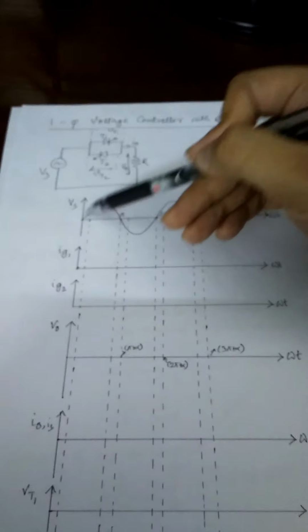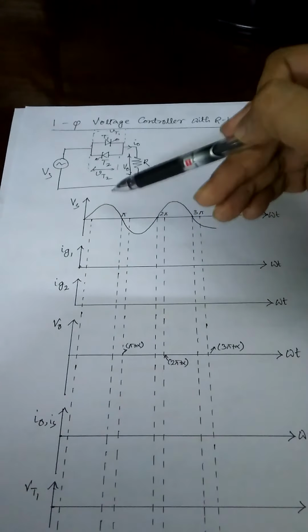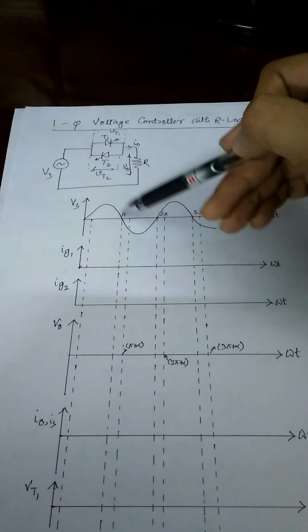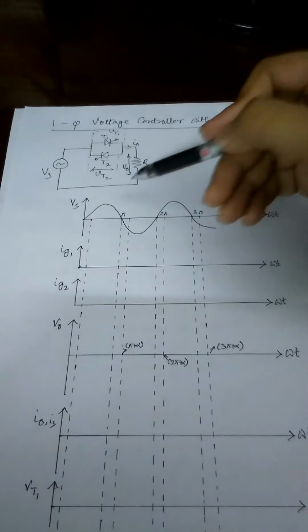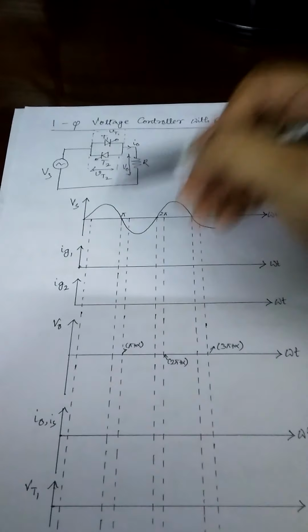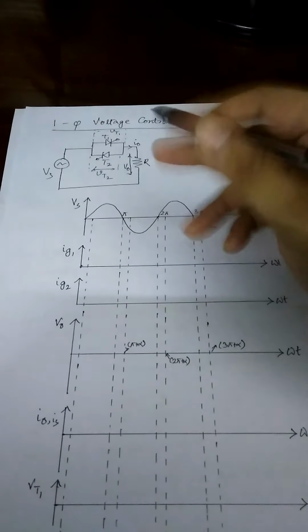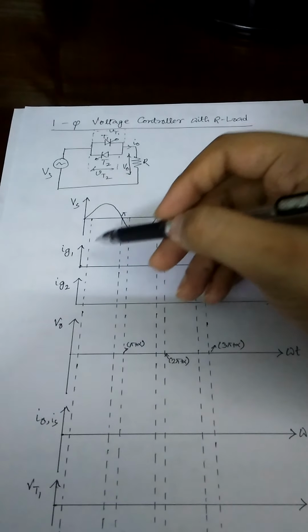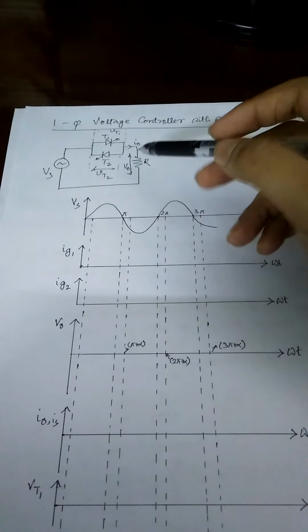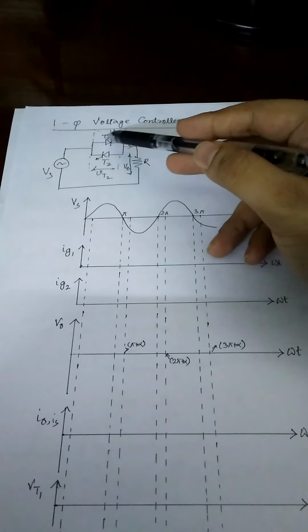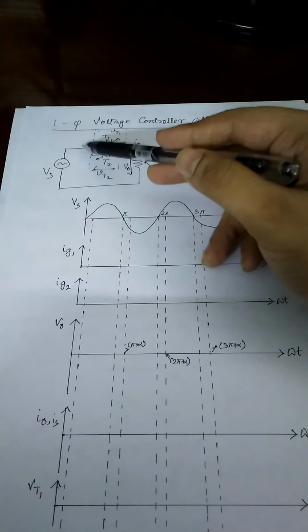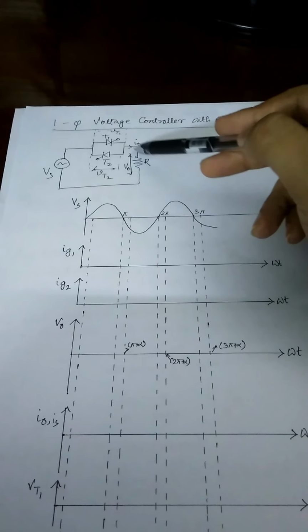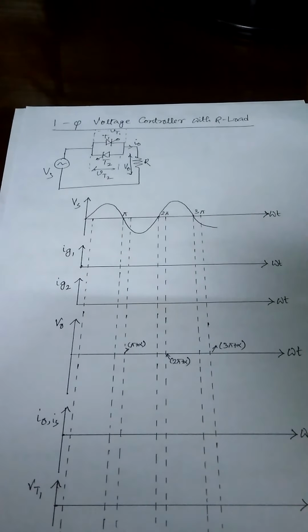So this is the first positive half cycle of the supply voltage Vs, that means the 0 to pi region. After applying this voltage, with a small delay, at the alpha firing angle the T1 thyristor goes into conducting mode, and then the current flows through this thyristor and obviously through the load.